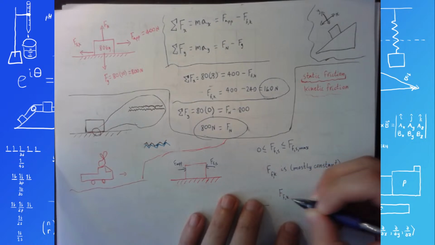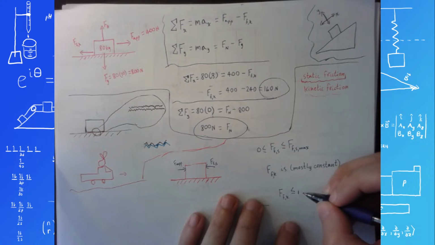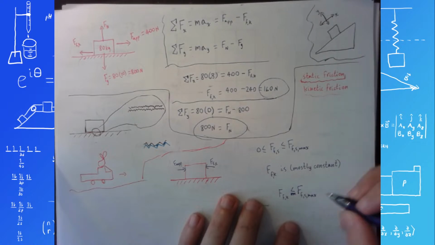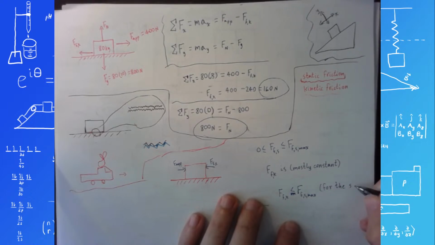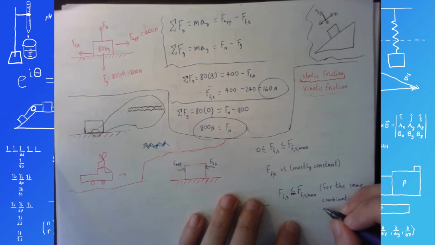Force of kinetic friction is strictly less than force of static friction maximum for the same combination of object and surface.